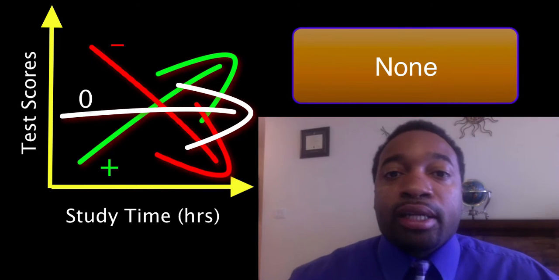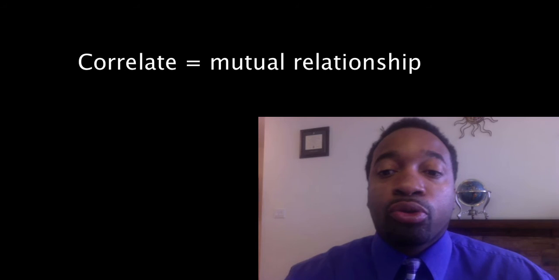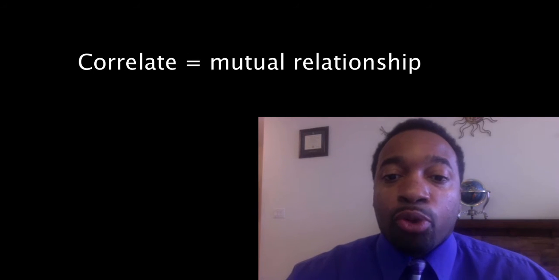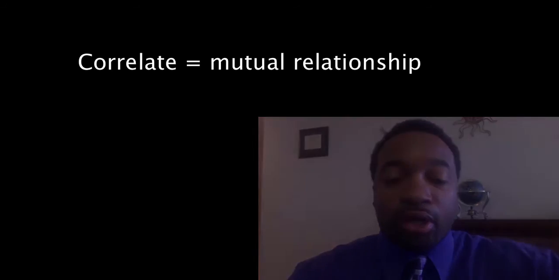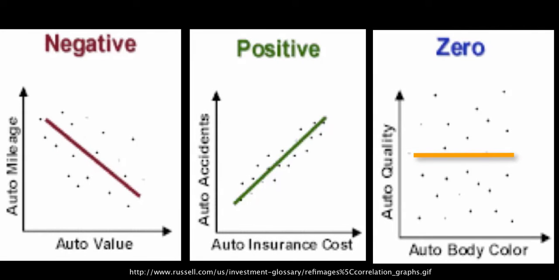This brings us to the idea of correlation, or to correlate. To correlate is to have a mutual relationship or connection in which one thing affects or depends on another. And that's from dictionary.com. So if we look at these correlation graphs, which are these scatter plots, the negative sloping line would be a negative correlation.